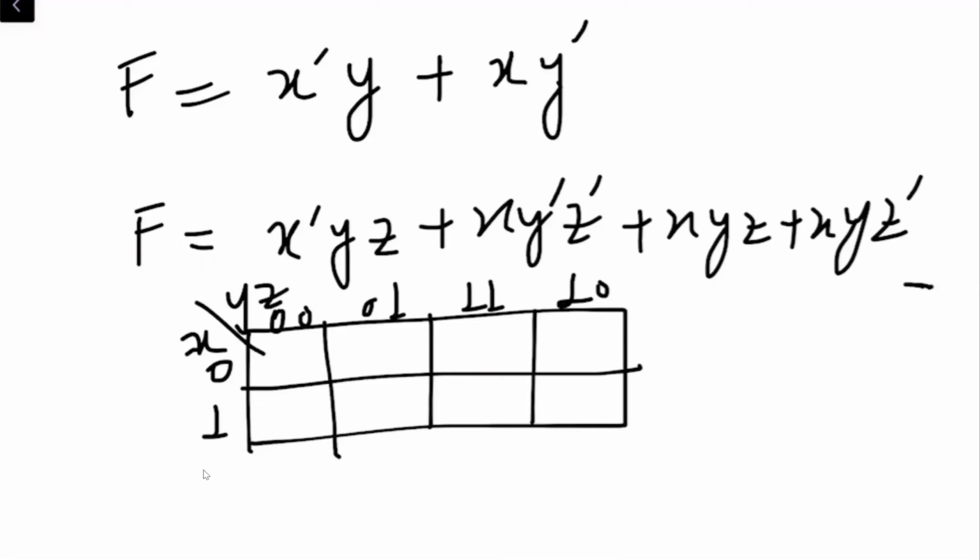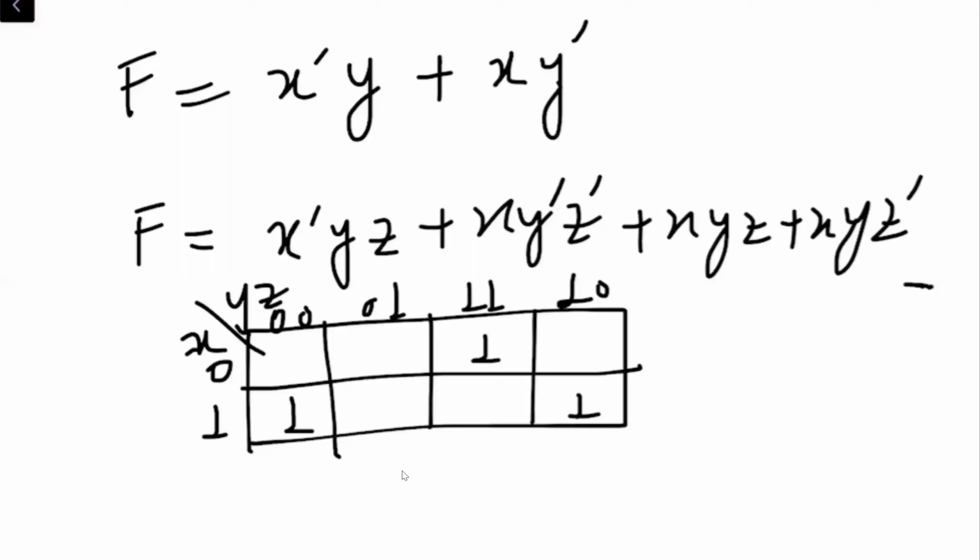So m of 3 means this is 1 over here, right? Then x y complement z complement, this is representing m of 4. So this means 1 over here, right? Then we have x y z. So this means this is representing m of 7, so 1 over here, right?